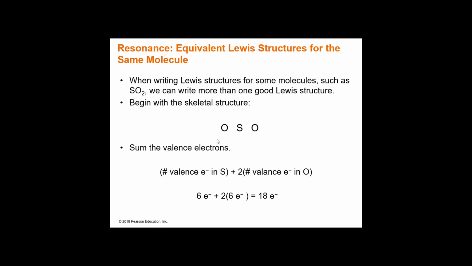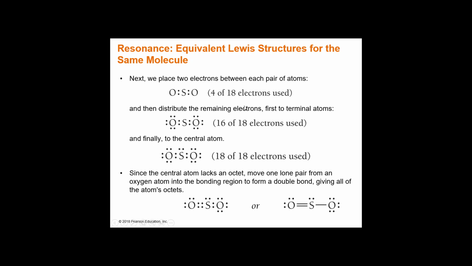Okay, so let's take a look at an example. When writing Lewis structures for some molecules, for instance SO2, we can write more than one. Here we have two oxygens and one sulfur, and we put the sulfur in the middle. Remember, we try to keep this as symmetrical as possible. We add up all the electrons and start adding them in. What we end up having is a double bond on one oxygen and a single bond on the other.